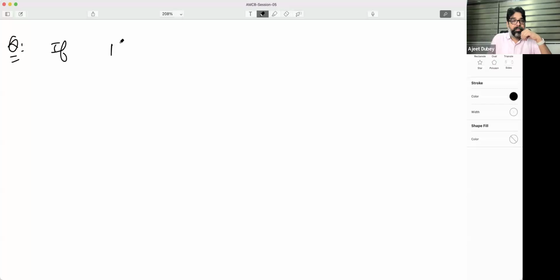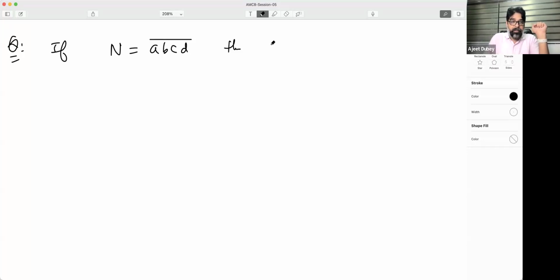If n equals A, B, C, D bar. Do you understand? All of you understood the meaning of this? This means A, B, C, D are digits. Whenever we write a bar on the top, it means digits.